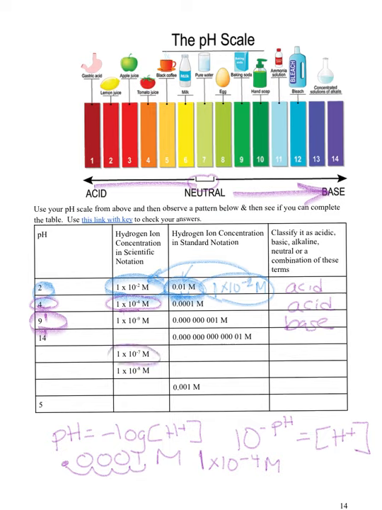So here, if I look at this one, 1 times 10 to the minus 7, I would write that as 0.0000001 molarity. I take my 1, and I have to move the decimal 1, 2, 3, 4, 5, 6, 7 places.